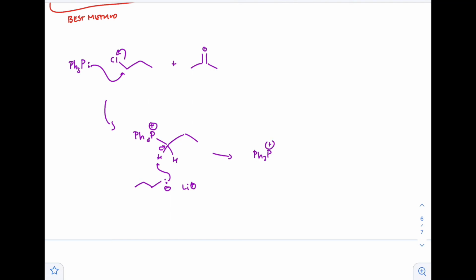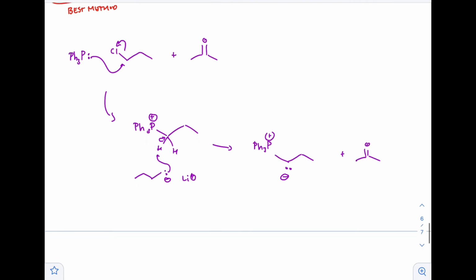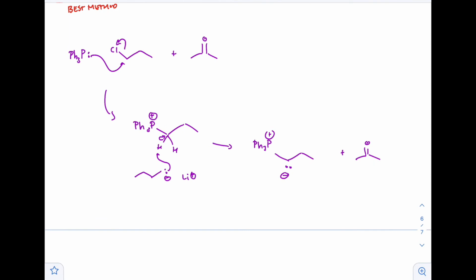And then we've got our ylide. Again, remember you can do resonance stabilization with this ylide to create a carbon-phosphorus double bond, and it would be neutral, but I like to keep it with a negative charge because it really shows me what's attacking what, right?